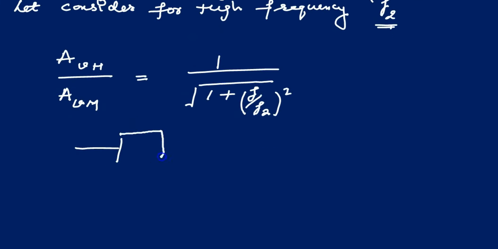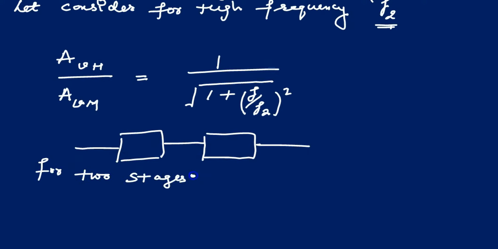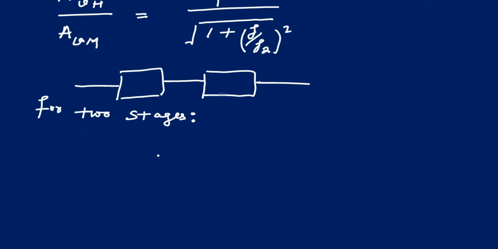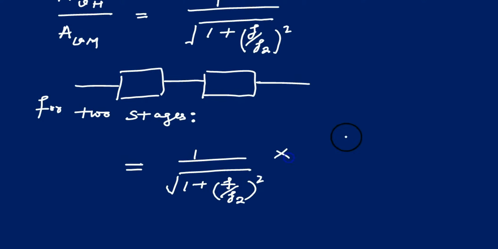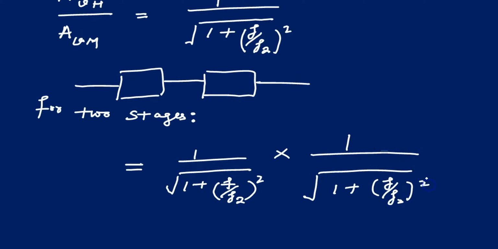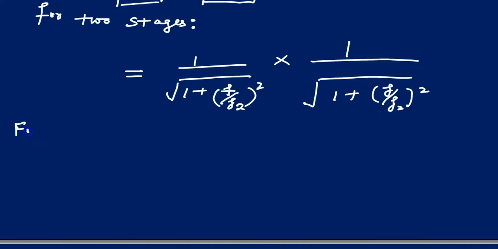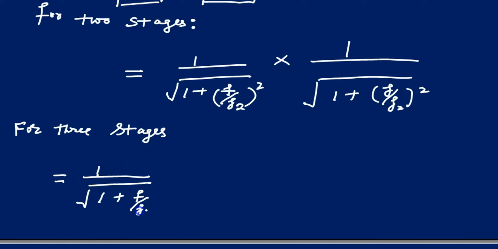Now, if we have two stages in cascade, then the gain gets multiplied. This is the principle of cascading. The voltage gain always gets multiplied. For 3 stages, again the multiplication of the 3.